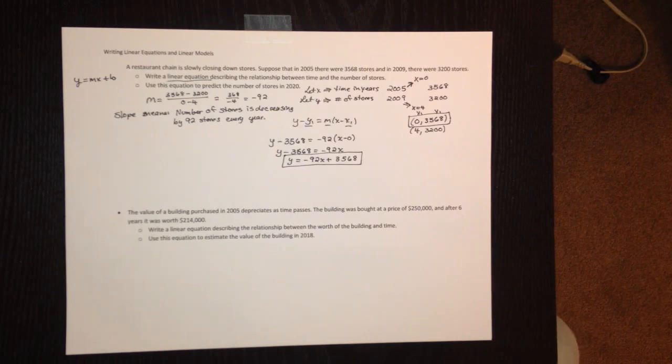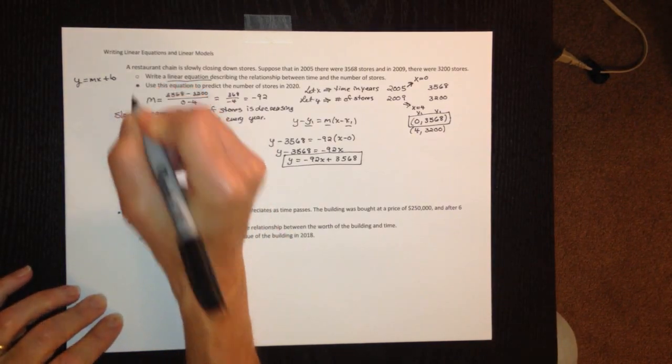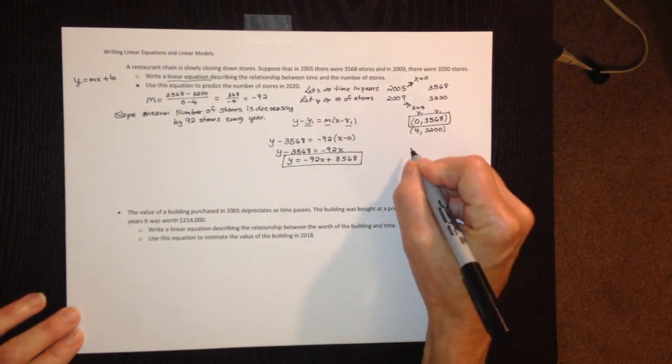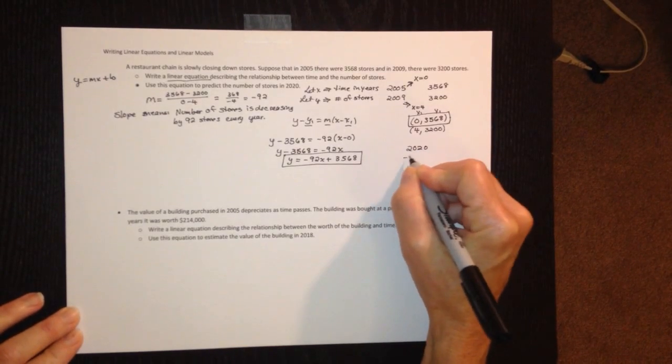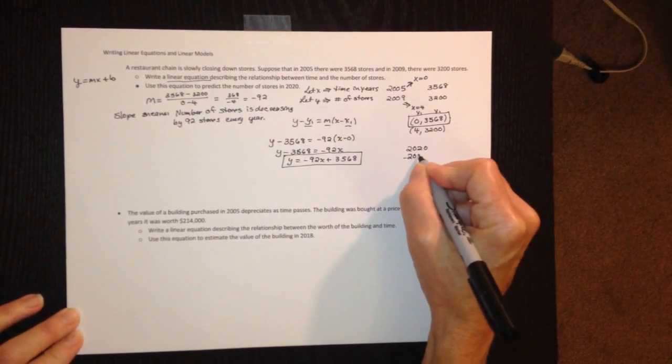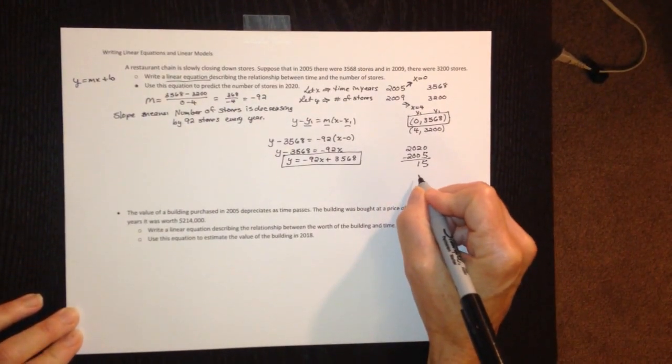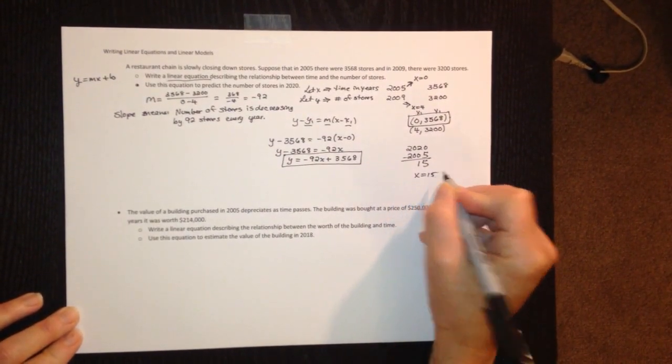Now we're going to use this equation for the second part of this problem, which says predict the number of stores in 2020. So in the year 2020, the starting year was 2005, which is 15 years later. So from our starting point, this is when x is 15.